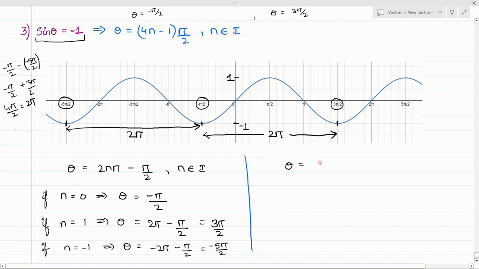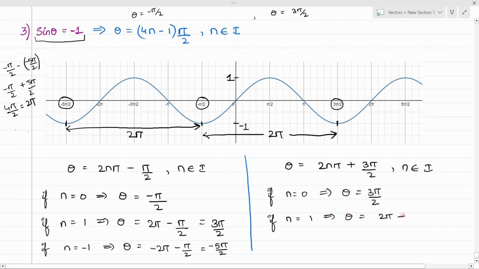Then the solution becomes 2n pi plus 3 pi by 2, where n belongs to all integers. So let's verify this also. If n is 0, theta becomes 3 pi by 2, which is the correct solution. If n is equal to 1, theta becomes 2 pi plus 3 pi by 2, which is 7 pi by 2, which is also a basic solution.